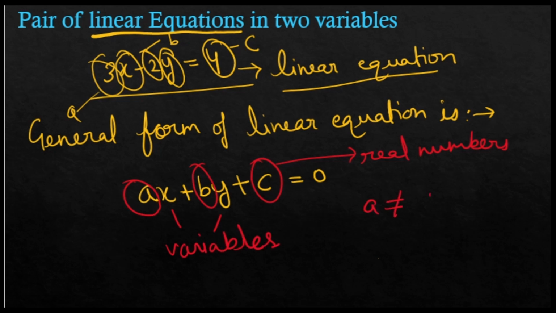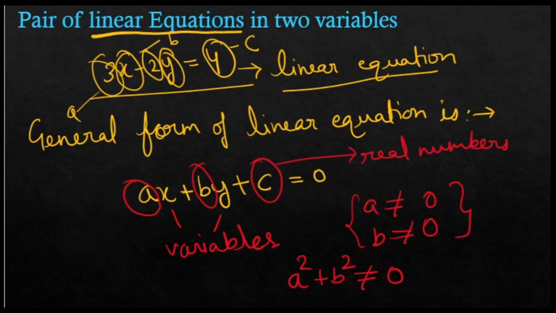A cannot be equal to 0 and b also cannot be equal to 0 in this linear equation. Generally we denote this by a square plus b square is not equal to 0. Or you can say it like this, both mean the same. So this is all we have studied in class 9th about linear equations.